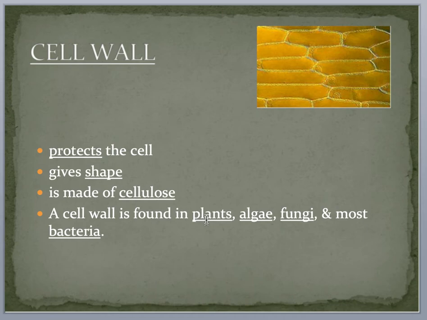These cell walls are rigid in structure, and they can be made of cellulose, or in other cases, for instance fungi, of other material, and they help to protect the cell physically.